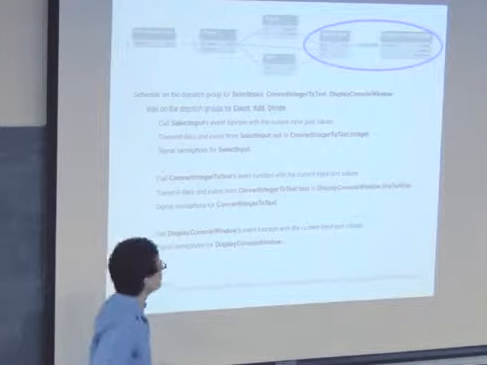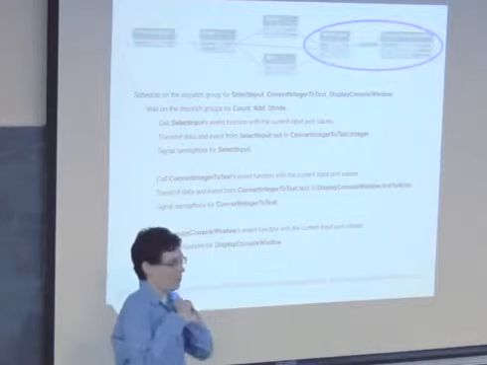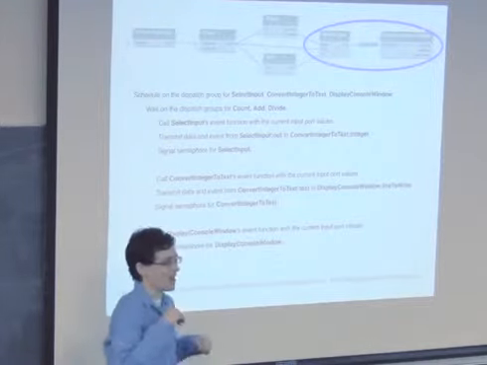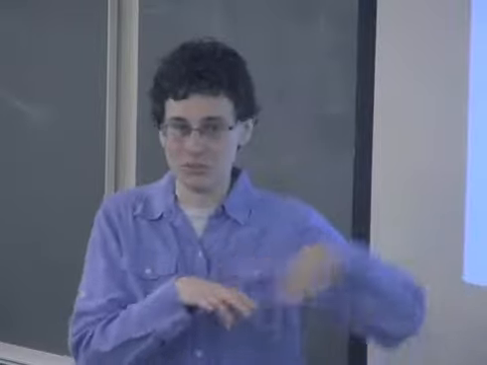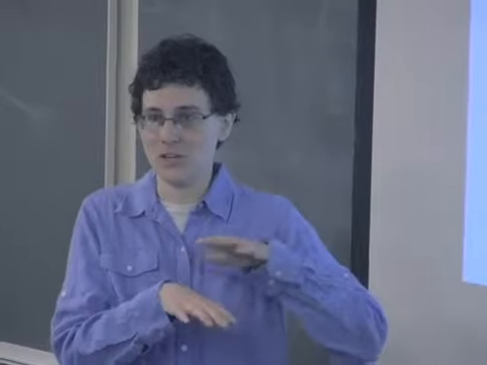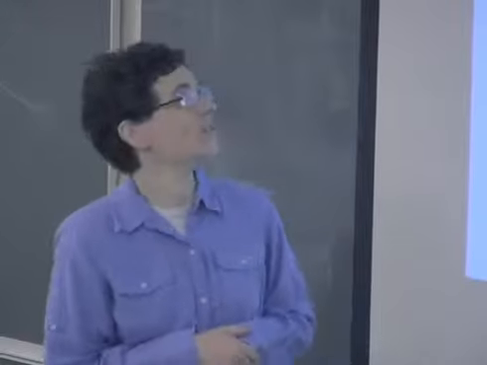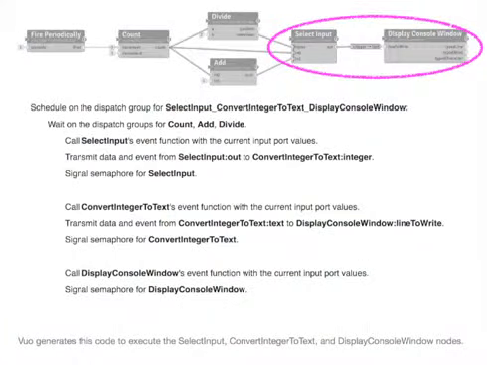Okay, and then these last three nodes, since they're all in a straight line, we don't have to do anything fancy with dispatch groups between those three, because we know they're always going to execute in sequence. So select input needs to wait on all of its input cables to send data before it can begin executing. So again, it's using dispatch groups to do that.